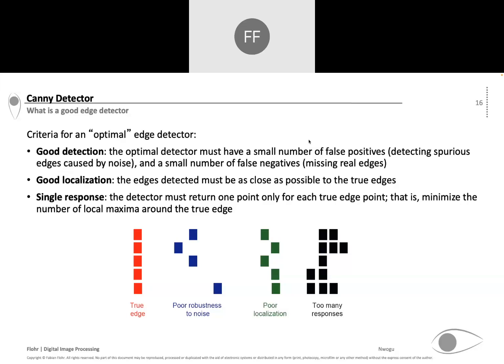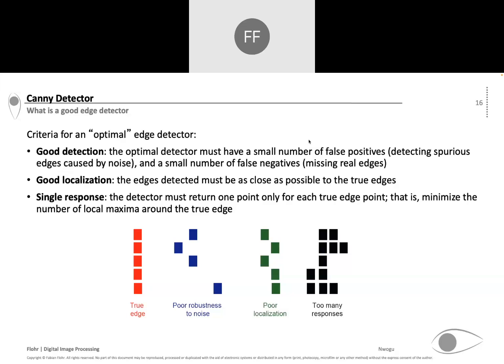You would also like to have good localization, right? So this one would be a poor localization, whereas this one would be the most correct localization. And if your edge detector does something like that, apparently here is a part missing. This would be a false negative, and here are too many false positives, too many responses for this single line.